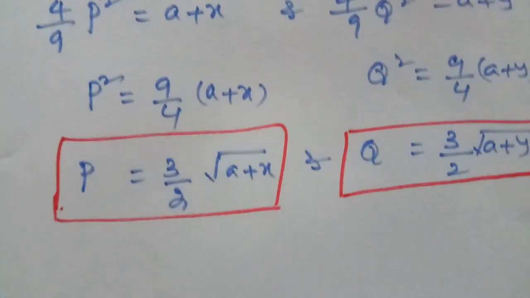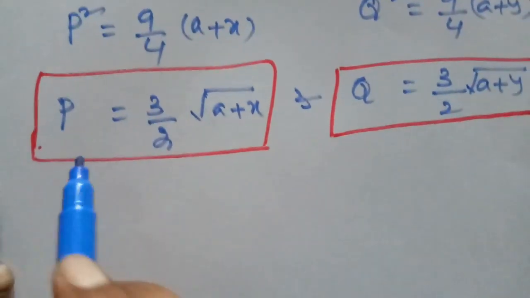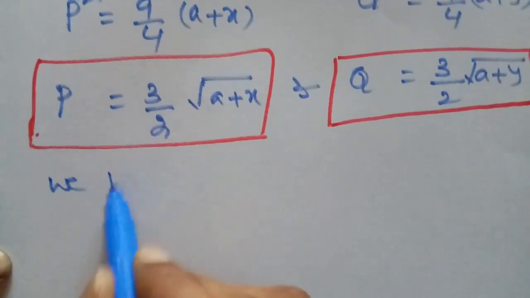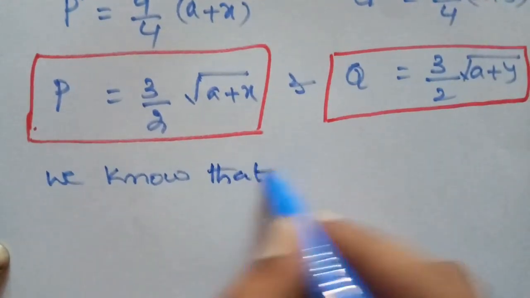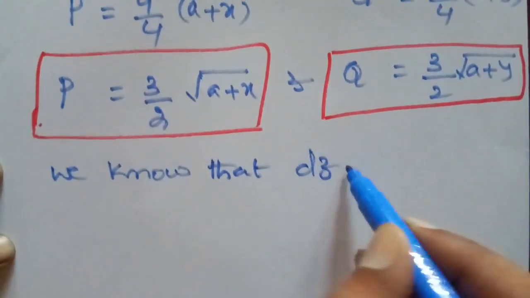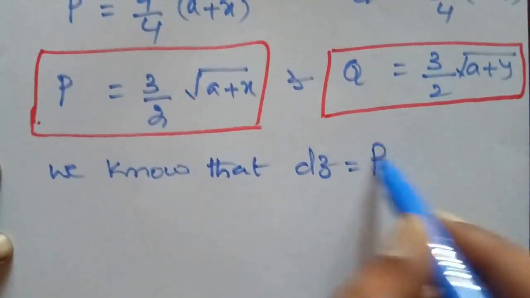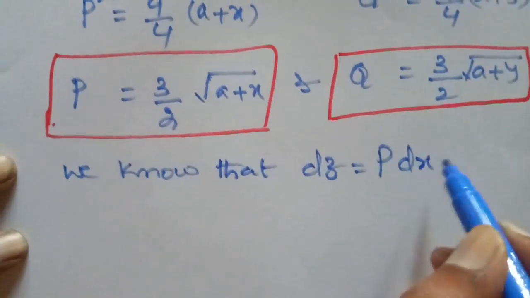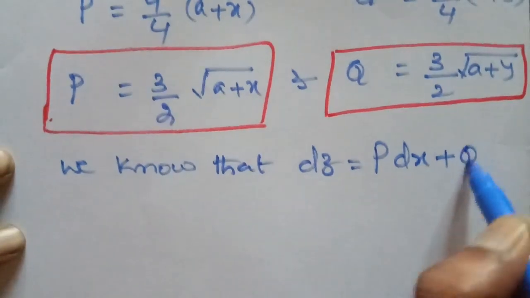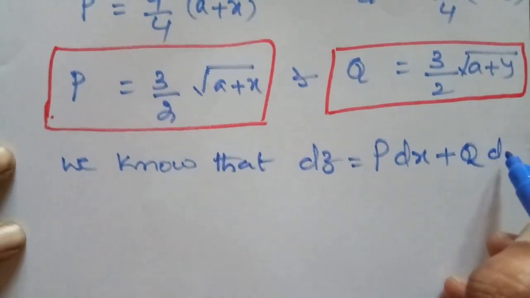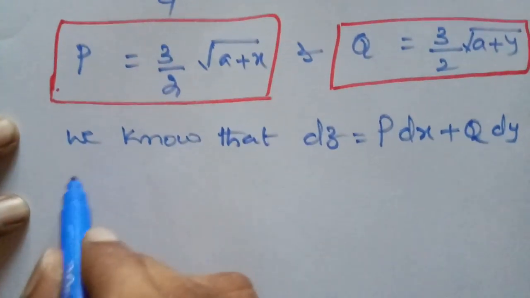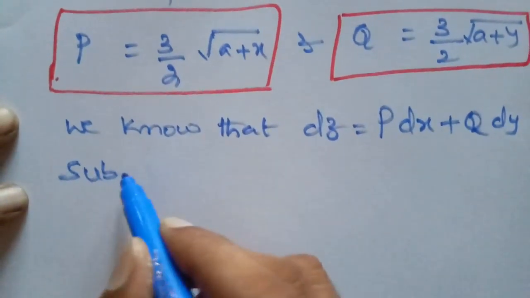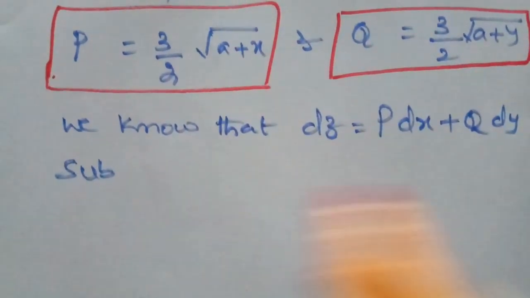Therefore, we know that dz is equal to capital P into dx plus capital Q into dy.